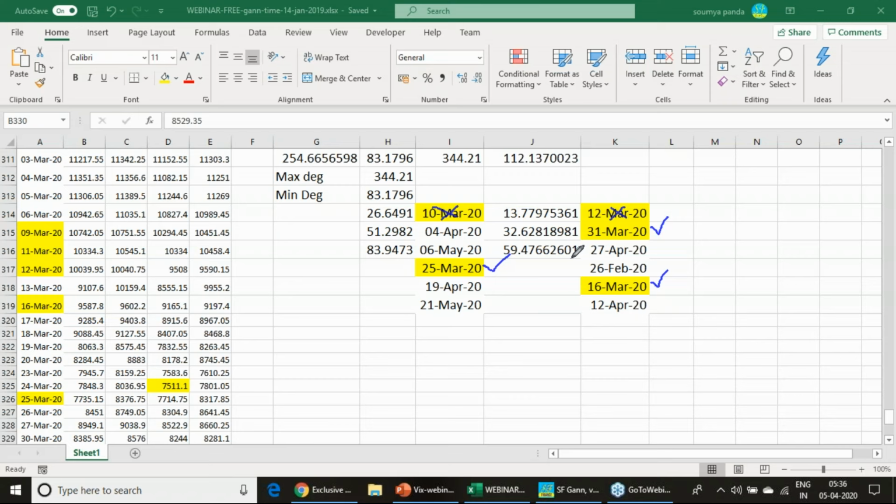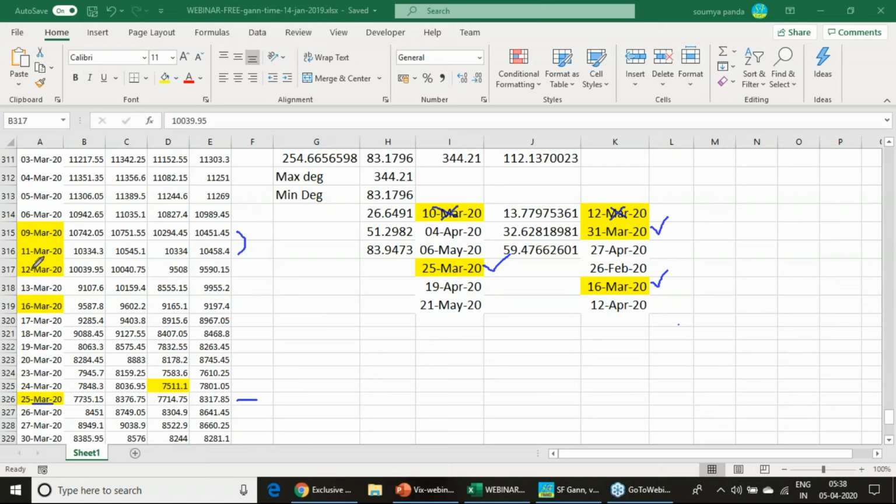If you think beyond this, when the market is stable, the success rate will be much higher. Babaji is telling that the 11th was a small positive closing here.